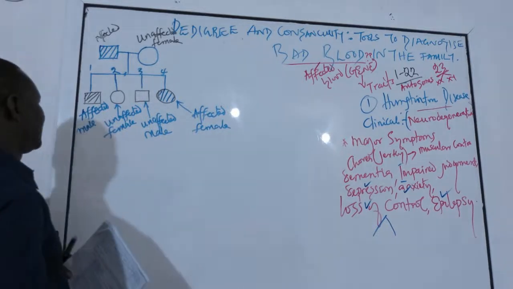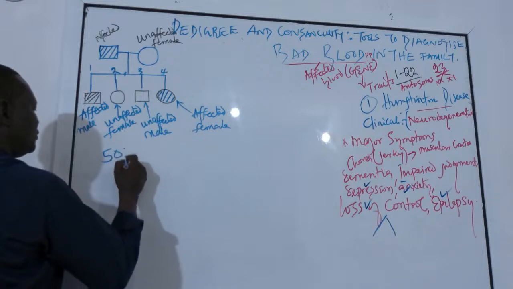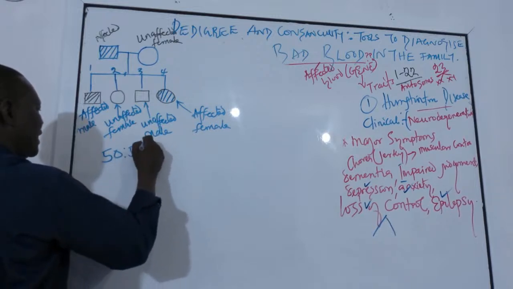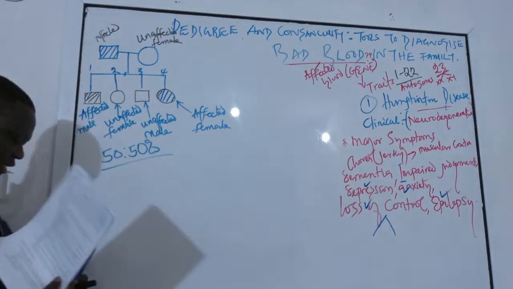So if you look at the affected, it is a 50% opportunity, and those that are going to balance it are also 50%.